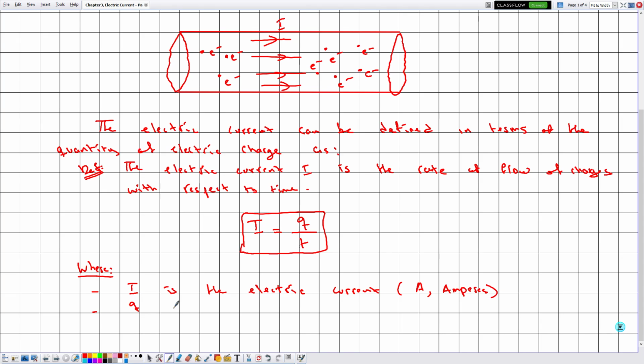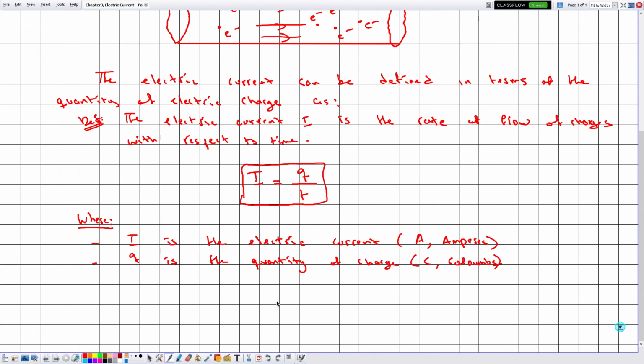Q is the quantity of charge, and we know that the SI unit of charge is coulombs. As for time, T is the time or the duration, and its SI unit is S for seconds.